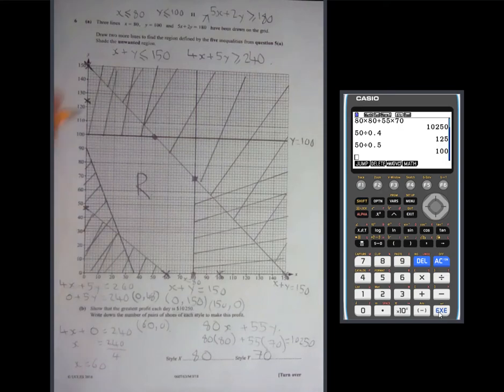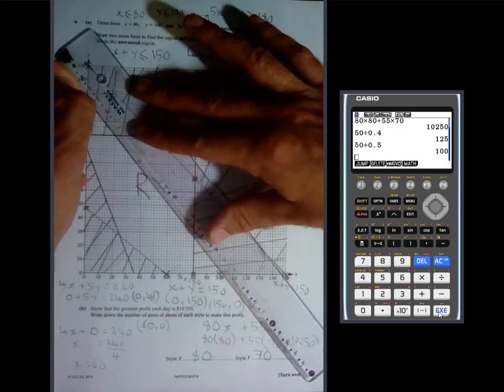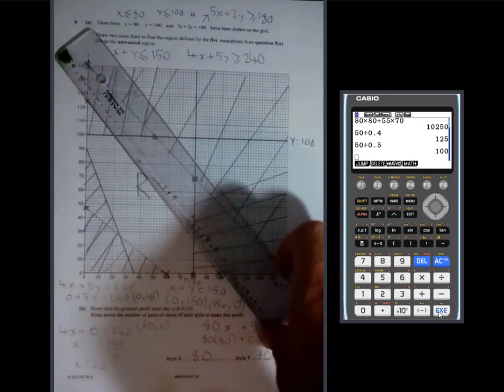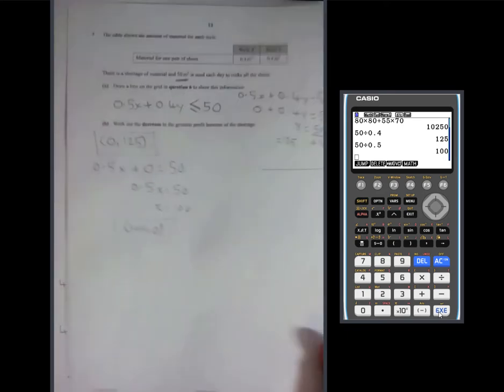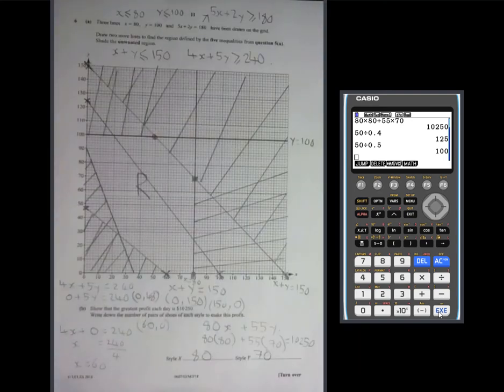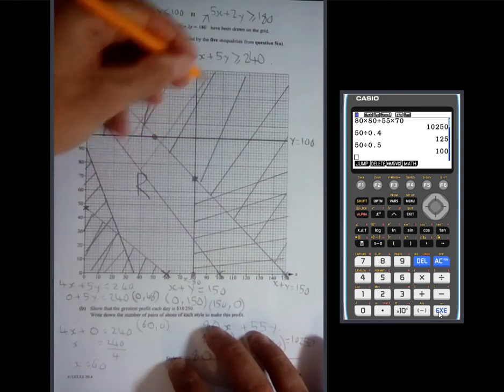Draw a nice line, and this is definitely going to affect our profits. Just like that. And remember, it was 0.5x plus 0.4y is less than or equal to 50. We need to shade the other side, so we are going to shade this side of the line.